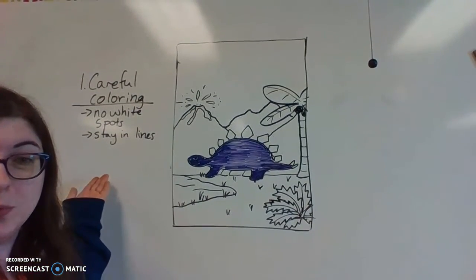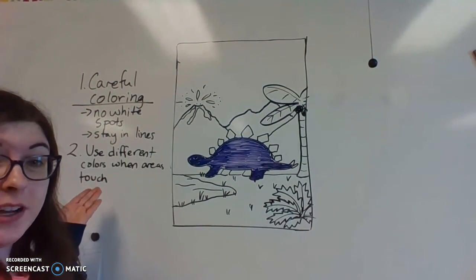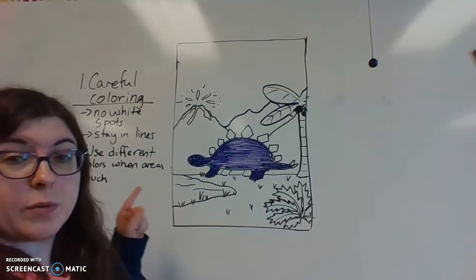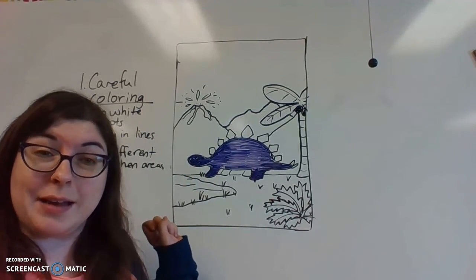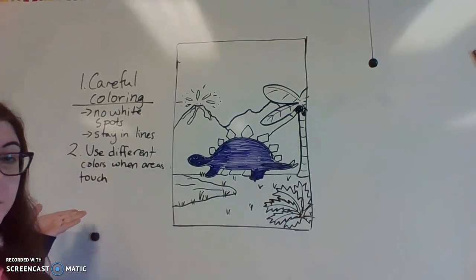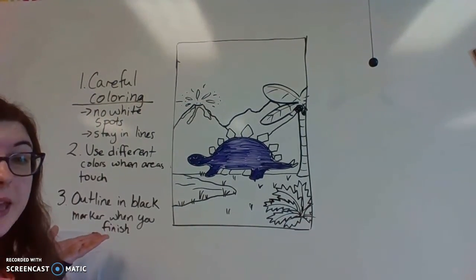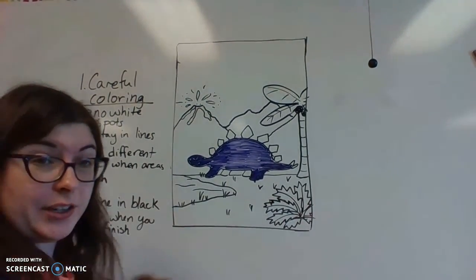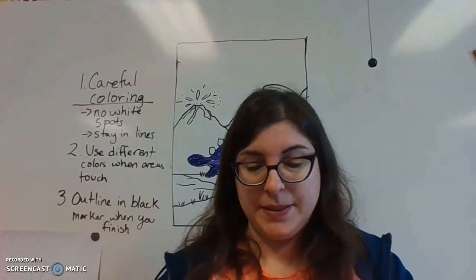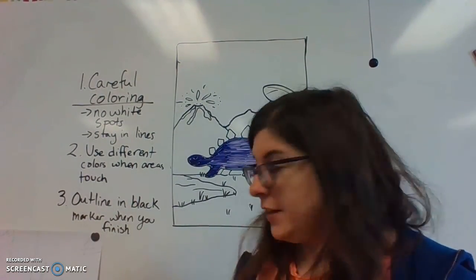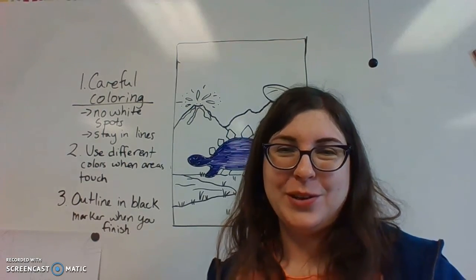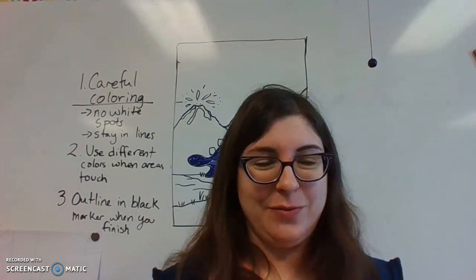Now, number 2, use different colors when areas touch. Remember, we've got our purple dinosaur, so the mountains can't be purple and the grass can't be purple. Number 3, outline in black marker when you finish. Those are all very important tips. And if you follow these tips and you follow this video, I know you're going to have a great illustration for your project.